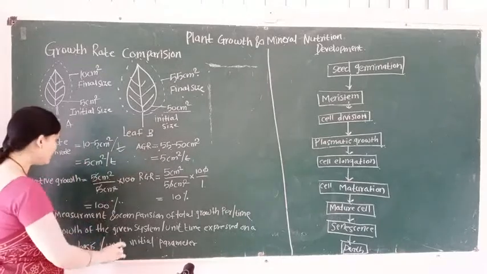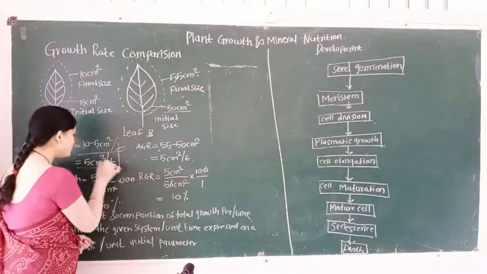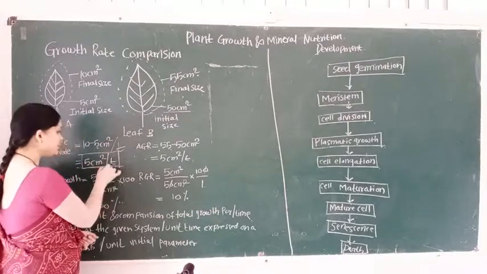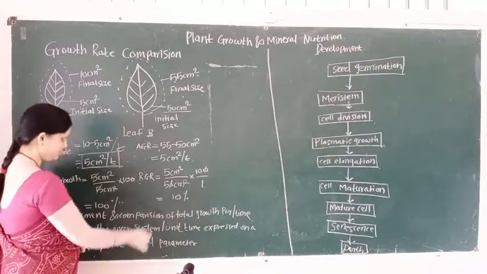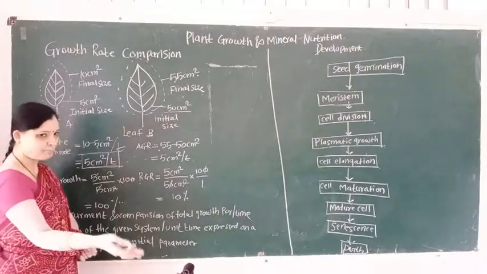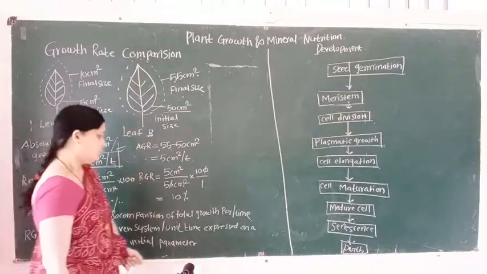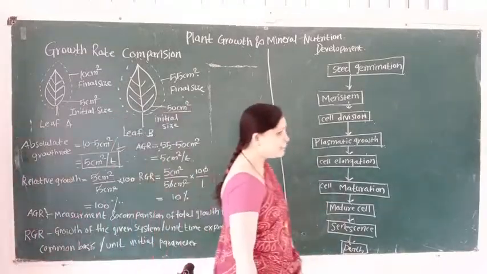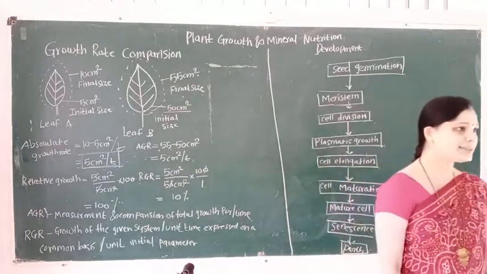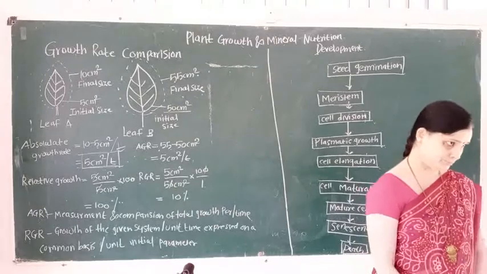The AGR of leaf A is the same, 5 centimeter square per time t, and the AGR of leaf B is the same, 5 centimeter square per time. So in leaf B we calculate the relative growth rate.